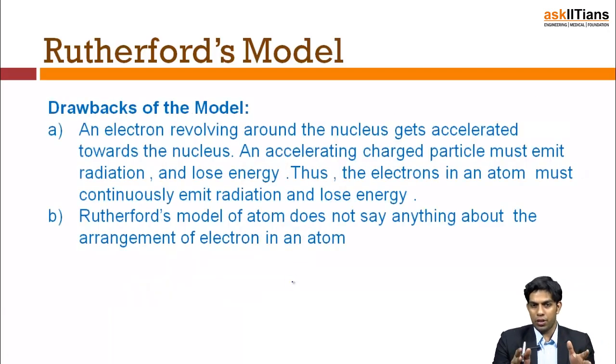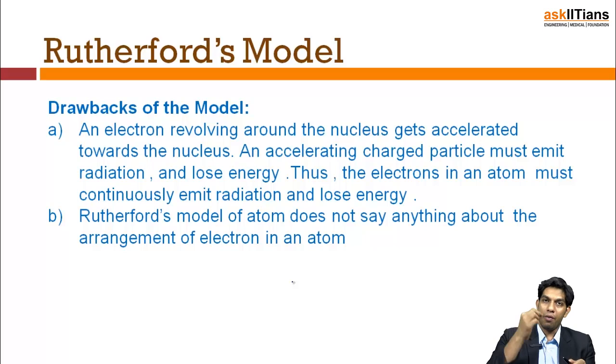What were the drawbacks of this model? Now, when an electron or a particle is moving in a circle, it is undergoing acceleration. There is acceleration associated with that particle. Now, what happens when a charged particle is accelerated? It radiates out energy in the form of electromagnetic waves.